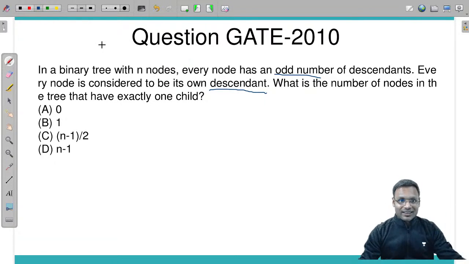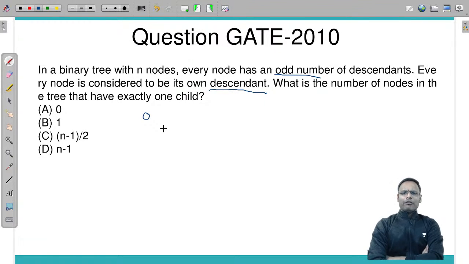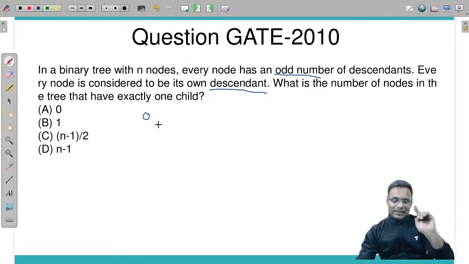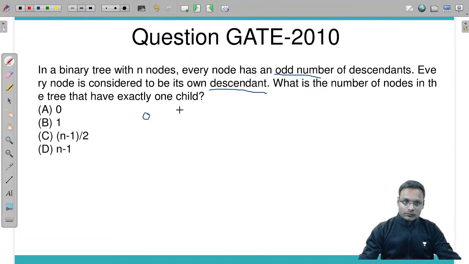What is the number of nodes in the tree that have exactly one child? Let's try and see. Is this tree fitting with my given question? Yes. This node has one descendant, itself. Now, second example, this one.